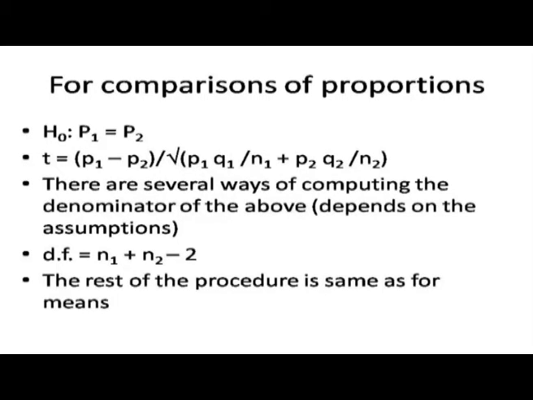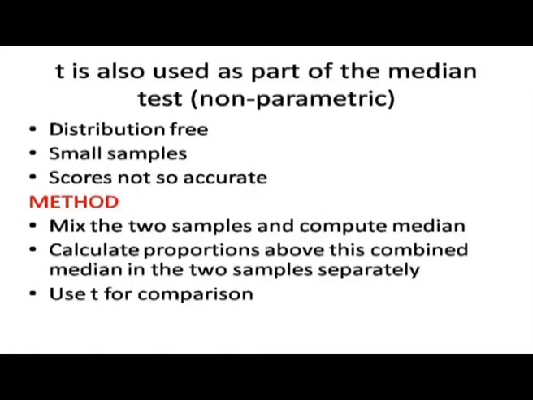These are standard errors of different groups. We add them to get the standard error. p 1 q 1 by n 1 is the variance of p in the first sample, this is the variance of p in the second sample, and the variance of the difference is the sum of these two, and the standard error is the square root of this. Degrees of freedom is n 1 plus n 2 minus 2.